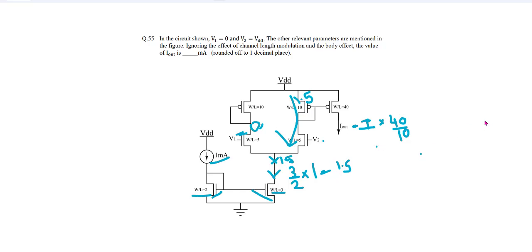Now suppose V1 and V2 biasing were given such that they are equal and differential. Then the current will be half distributed, because all other aspect ratios are the same. It will depend on the transistor also. This arrangement is like a mirror image, right?